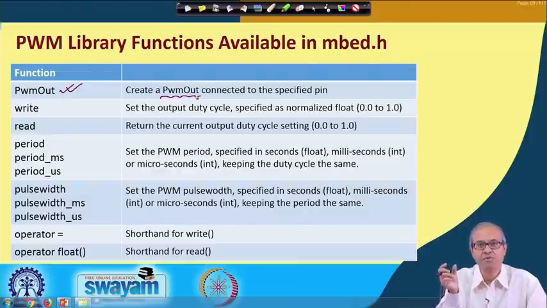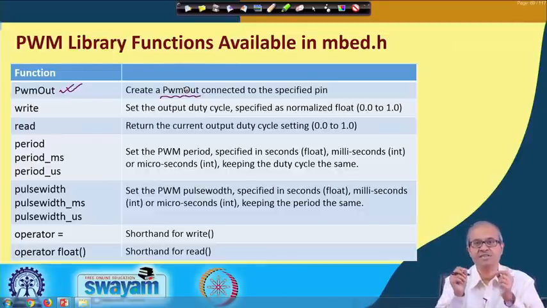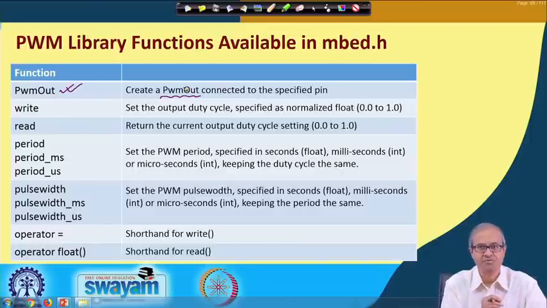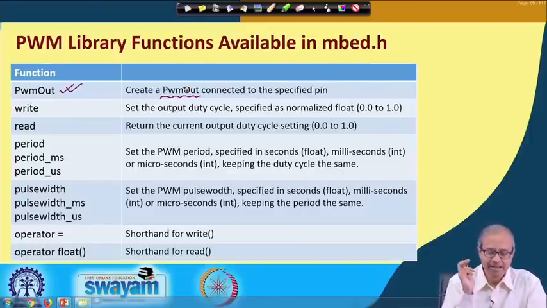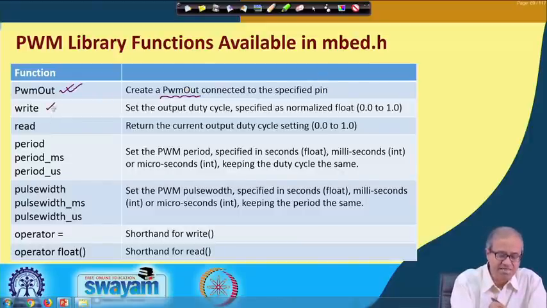So, whatever PWM pin you will see, it is written PWM/D3. So, here you can specify that D3, that you are trying to use the D3 pin as your PWM out. Okay. I will take some example, and there are some functions called write and read.